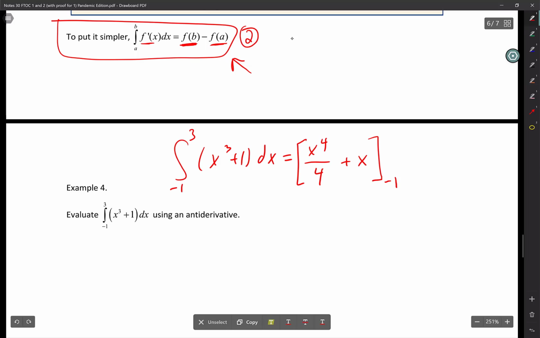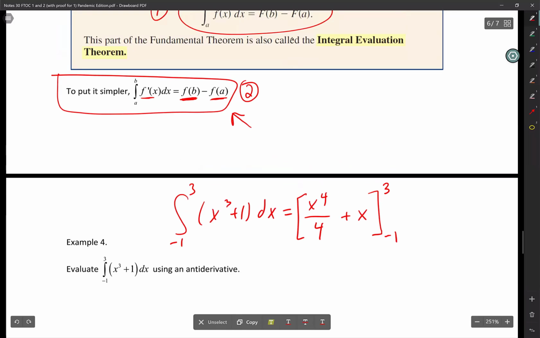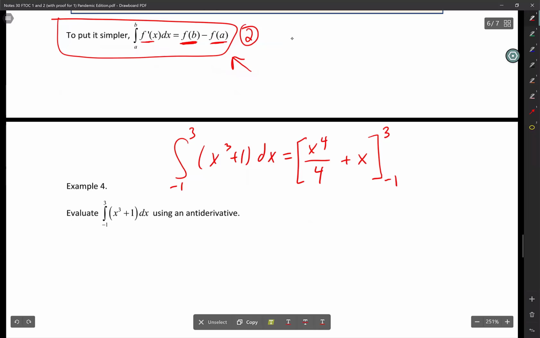On the top, I put a 3. And that means that I'm going to evaluate it at those values. I'm just following rule number 2, or rule number 1 if you're following Mazuka, and you're doing upper minus lower. I'm not throwing shade, Mazuka, I promise. I'm just going to go 3 to the 4th over 4 plus 3 minus -1 to the 4th over 4 plus -1.